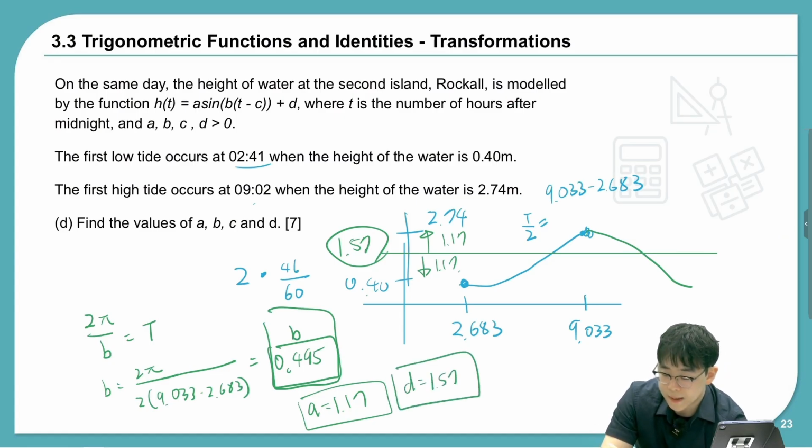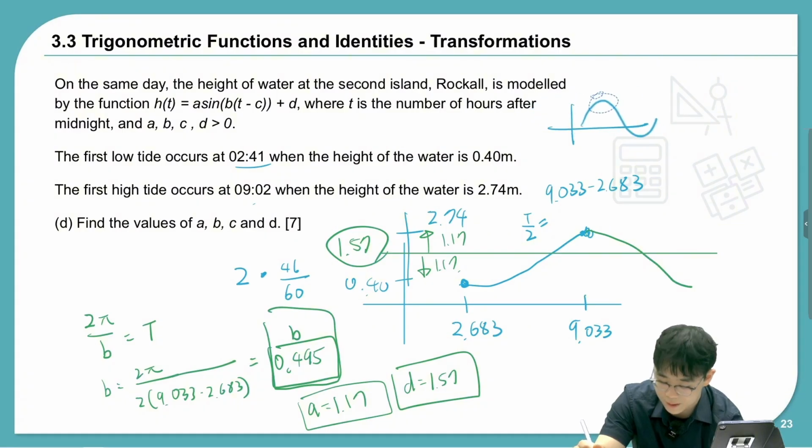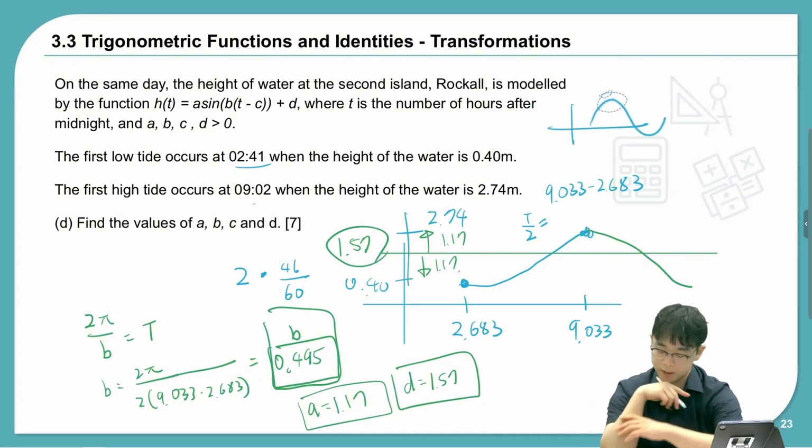And then C would be the tricky part, because if you were to have a normal sine function, then it would start off at the origin, and it would go like that. But it seems we have a function that has a minimum at this point, so we either shifted to the left or we shifted it to the right.